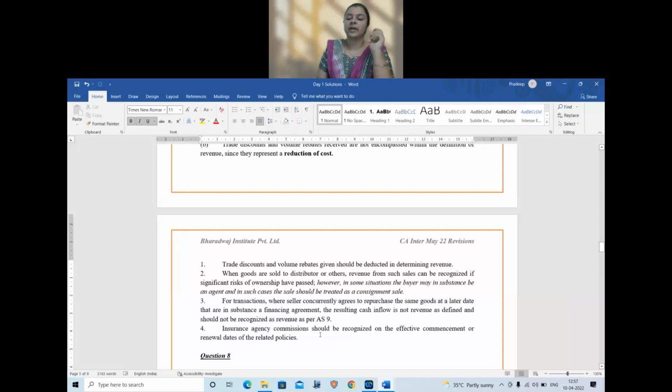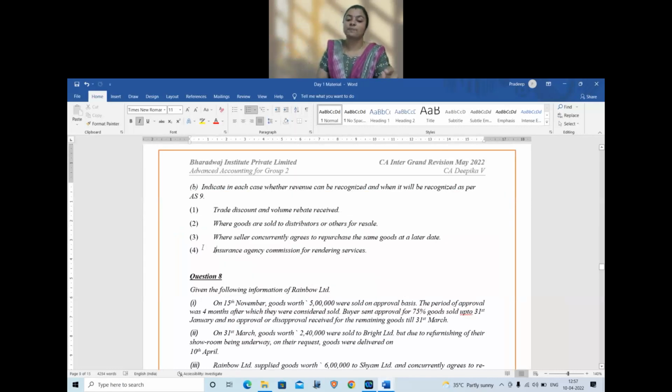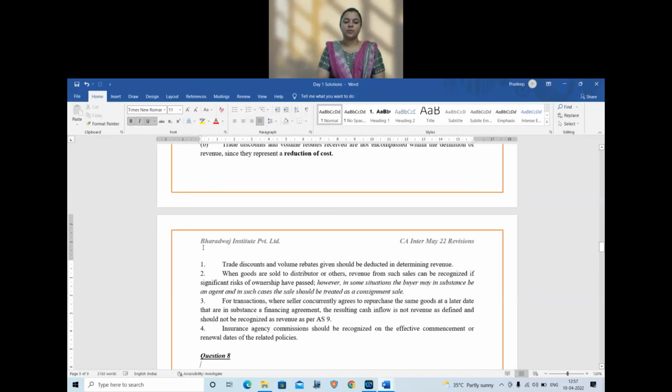Okay, even that you can write, but this is more a specific answer. Your general answer is commission should be recognized based on the terms of the agreement. Accrual basis based on the terms of agreement. But here the question is specific. It is asking about insurance agency. So you should also give a specific answer. Right? So this is your answer for question number 7B.